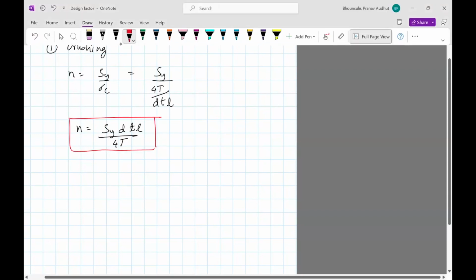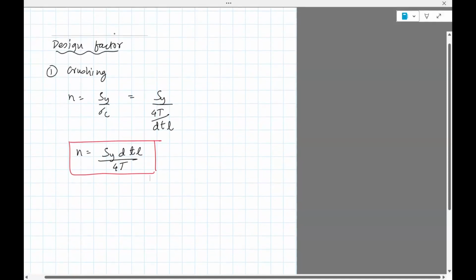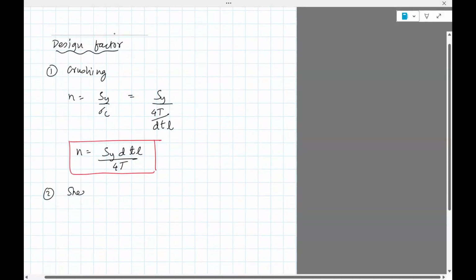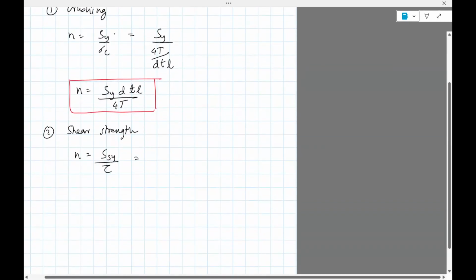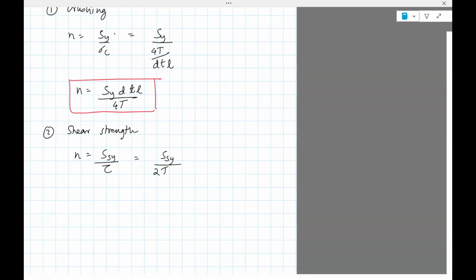Okay, that's one. The second formula is based on shear strength. So the factor of safety there is Ssy divided by tau. The tau we've computed in the past as a function of torque, dWL.